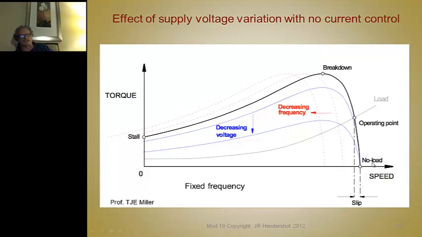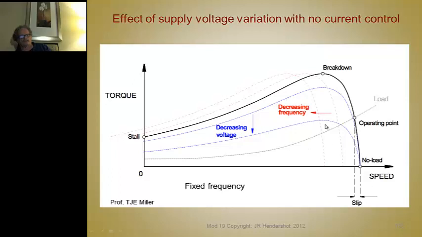If you increase the frequency, you'd have a family of congruent curves that would have higher synchronous speed, but the slip would be about the same, and of course the operating points would occur at a different place. If this is a fan load plotted on this, and you increase the frequency, certainly the fan is going to go faster, but the faster you go, the higher the torque because of the shape of the load torque.